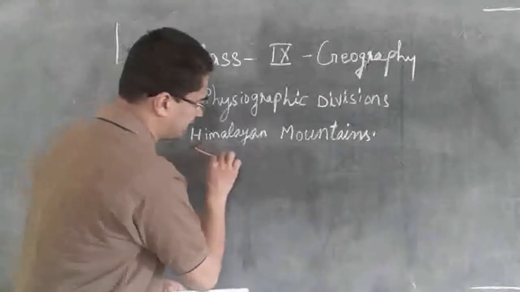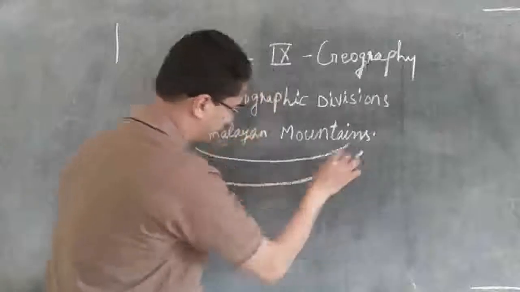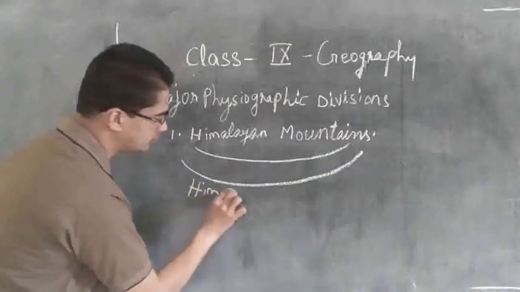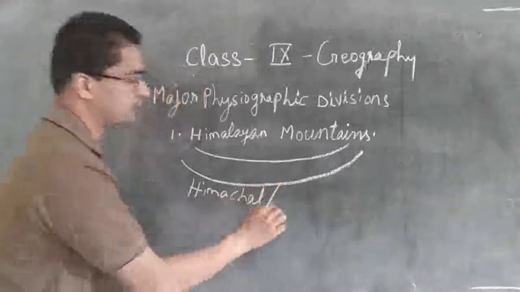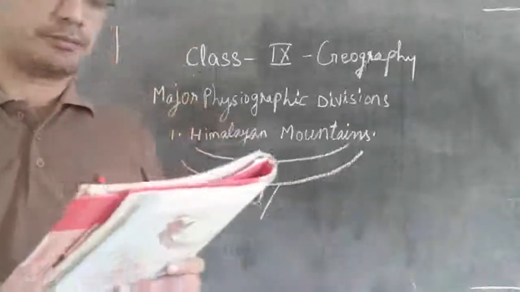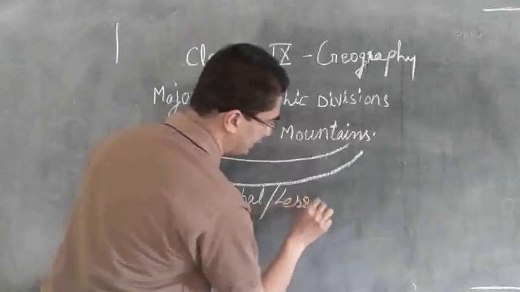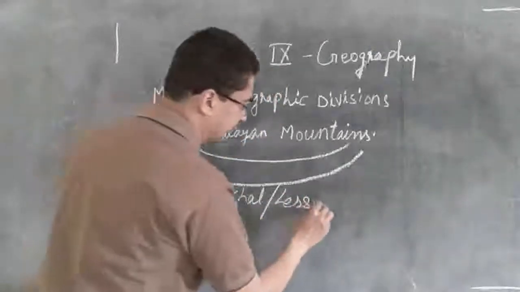First one is there, then the second one below that is called Himachal. Or it also has one more name, that is Lesser Himalayas. Another one is Great Himalaya, this one is Lesser Himalaya.